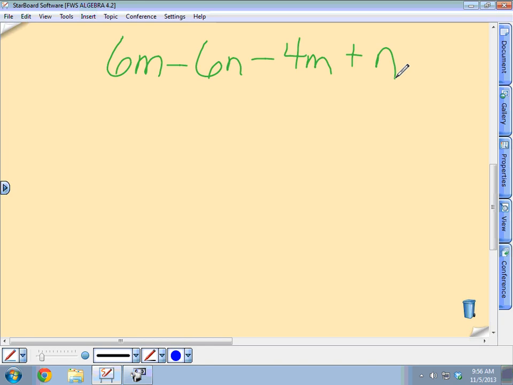Okay? Weston, give me something that I'm going to underline here. So 6m. 6n. That's not like. Oh. You got different variable expressions. 4m. Minus 4m. Good. And Tim, what else? 6n and the n. Okay.